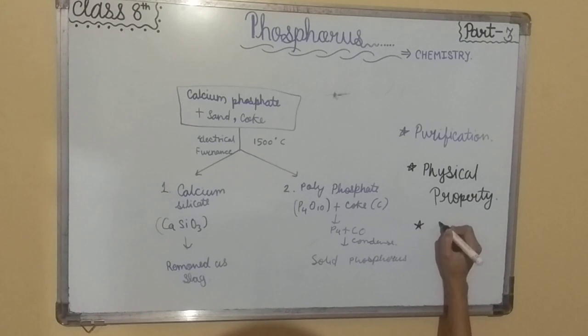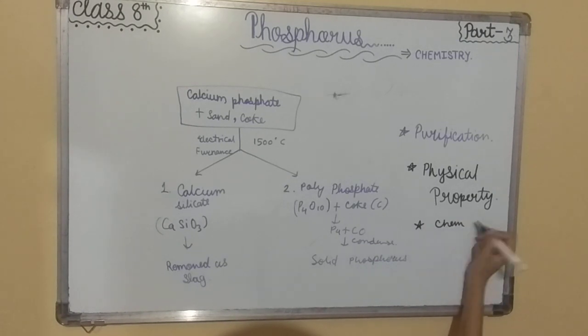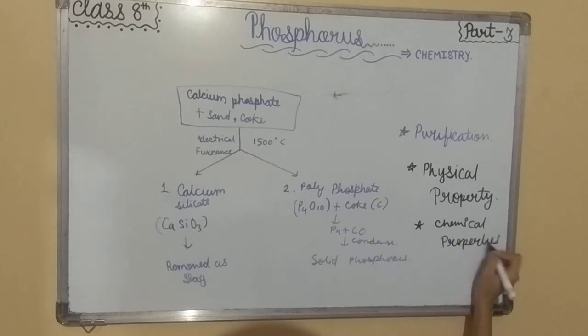Next is chemical properties. First, heat. Yellow phosphorus gives red phosphorus at a temperature of 240 to 250 degrees Celsius.